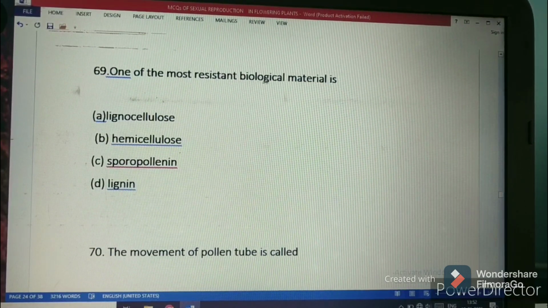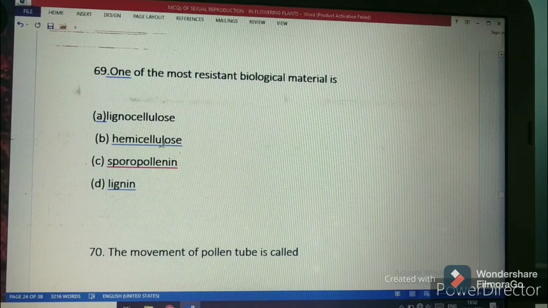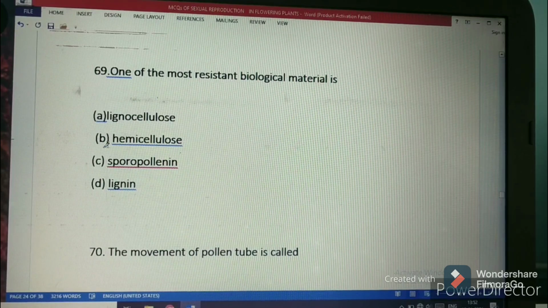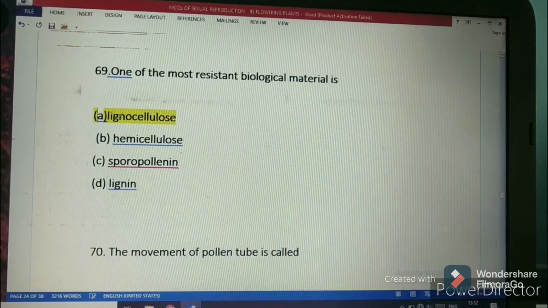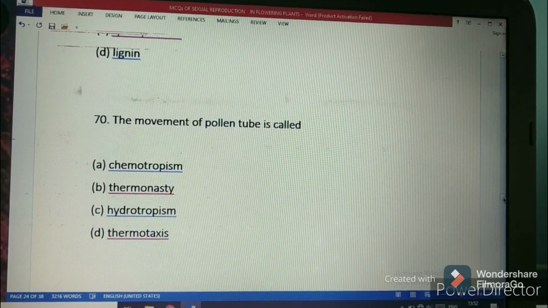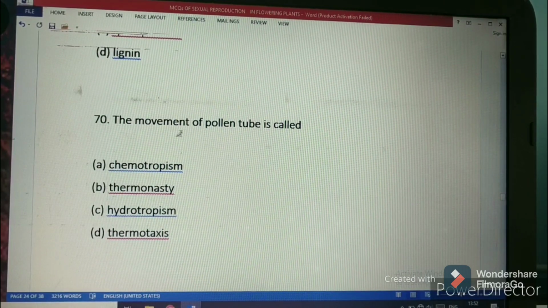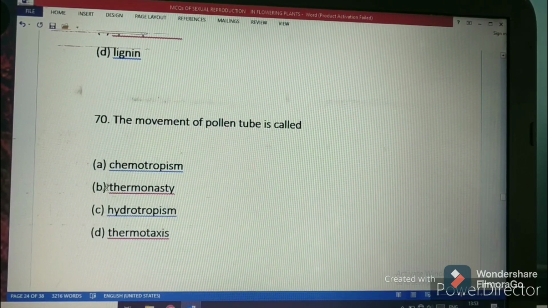One of the most resistant biological materials is sporopollenin. The movement of pollen tube is called chemotropism.